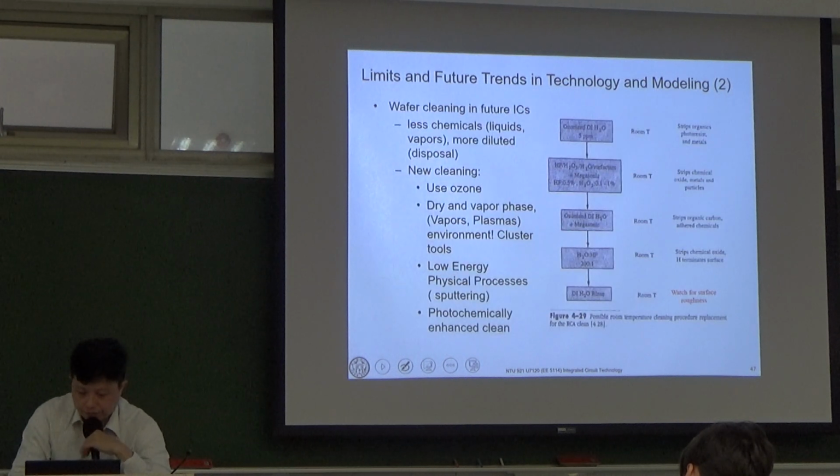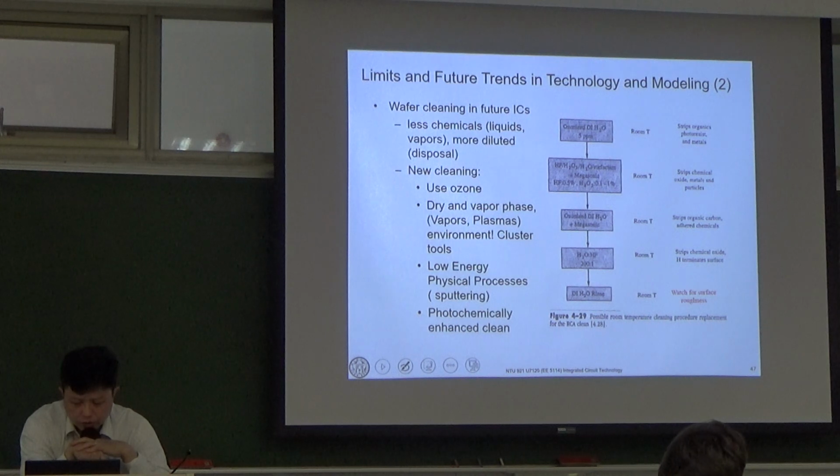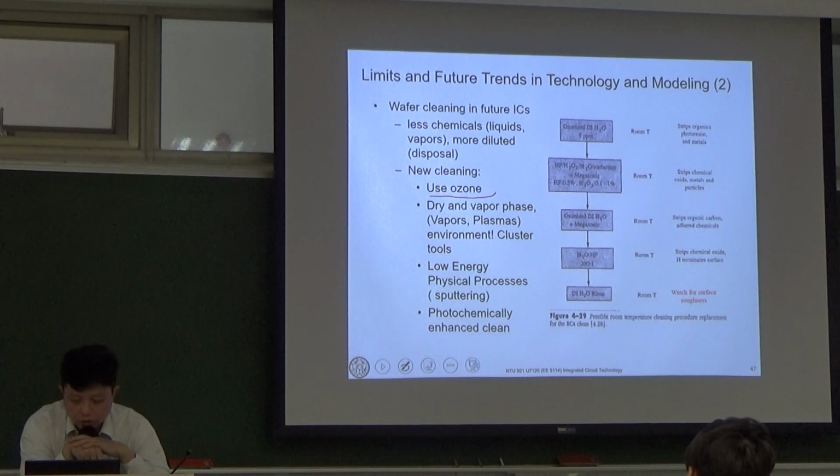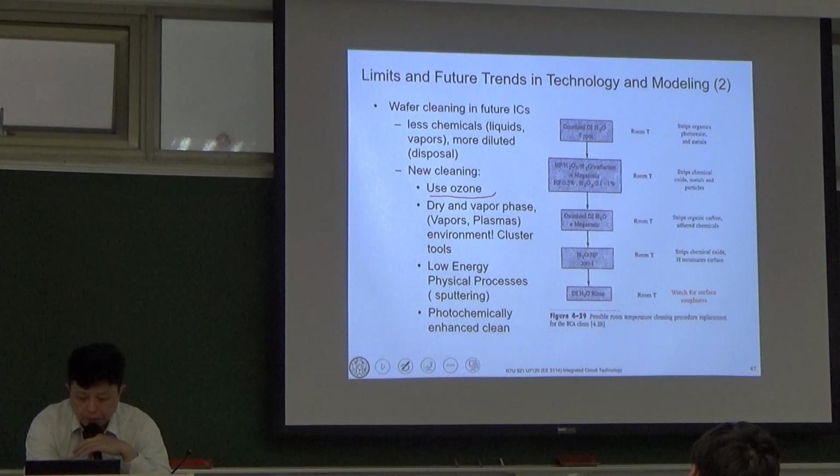Okay. So this is the cleaning process that we have seen. But in the future, we can use ozone. Okay, copper ozone in this cleaning process. We can use dry and vapor phase environments.